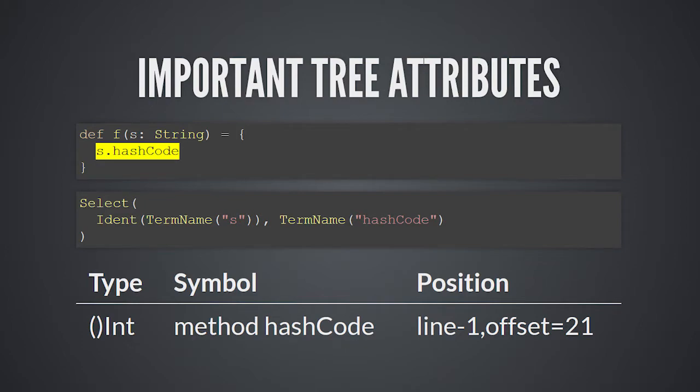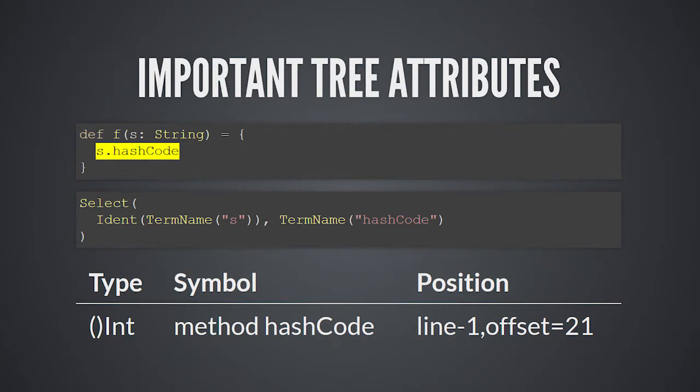However, something that should be noted at this stage is that none of these attributes, neither the type nor the symbol nor the position, is mandatory. So we have trees without types. Think about import statements, for example. An import statement doesn't naturally have a type. We also have trees without symbols. Think of an integer literal or a string constant.